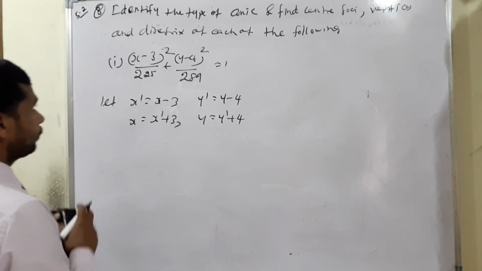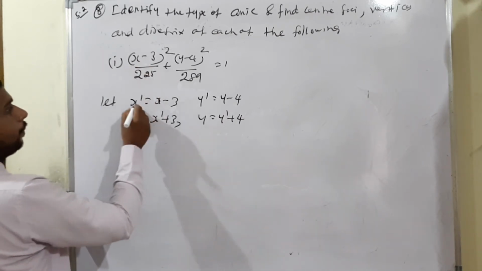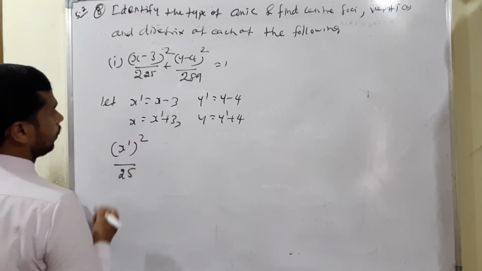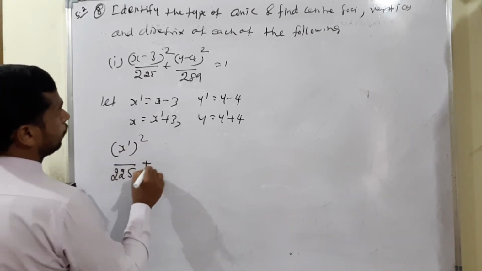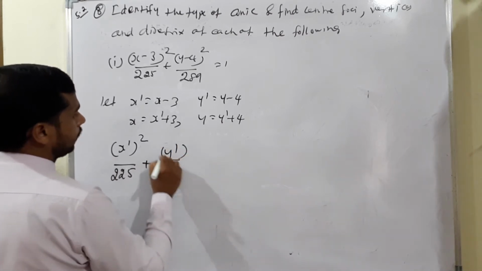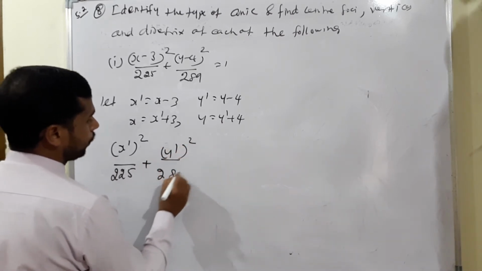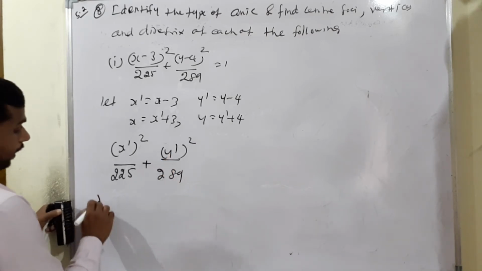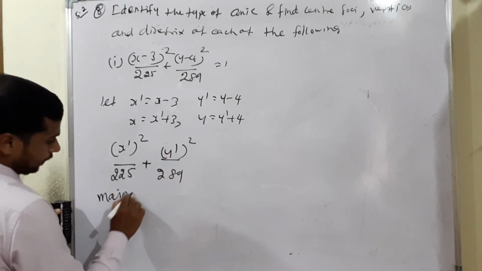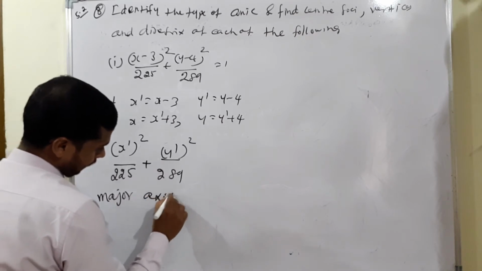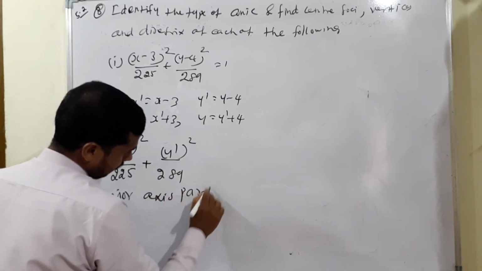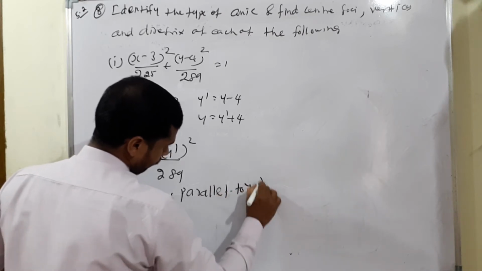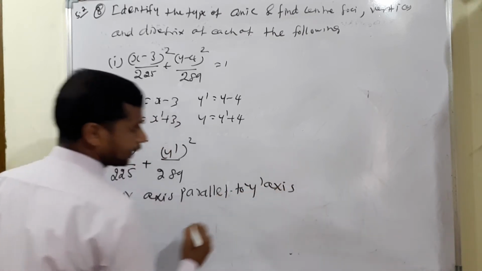Now just equating: x minus 3 means x dash, so x dash the whole square divided by 225 plus y dash the whole square divided by 289. The biggest value is under y square, which means the major axis is parallel to the y axis.